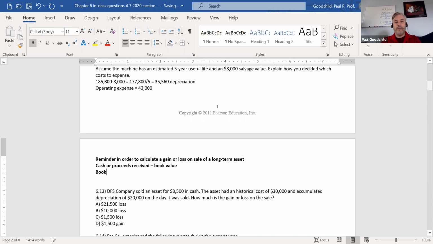And book value, hopefully you remember from earlier, is the asset's historical cost plus any capitalized additions, less the accumulated depreciation.